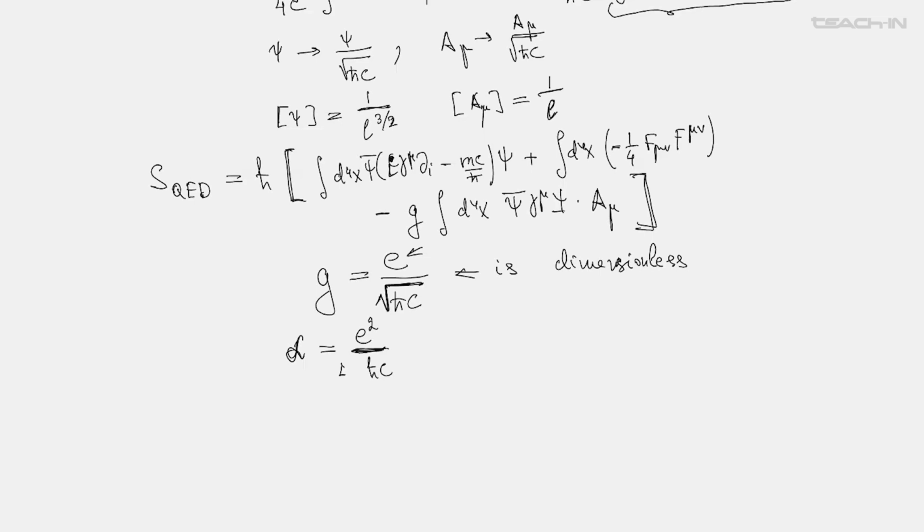You can write this as the square of the dimensionless quantity g squared divided by 4 pi. And if you compute this quantity for electrons, then you find the famous fine structure constant, 1 divided by 137.036. It's a small number, and this is the coupling constant on which perturbation theory is based.